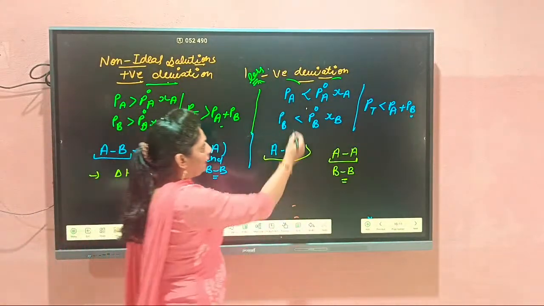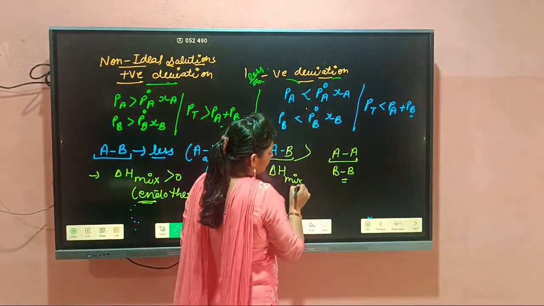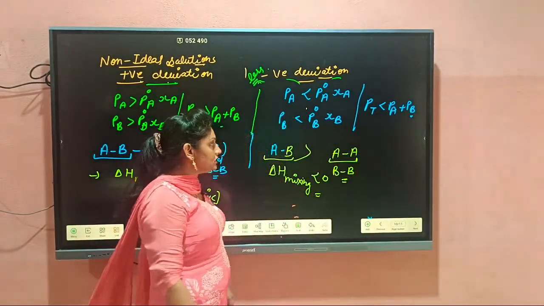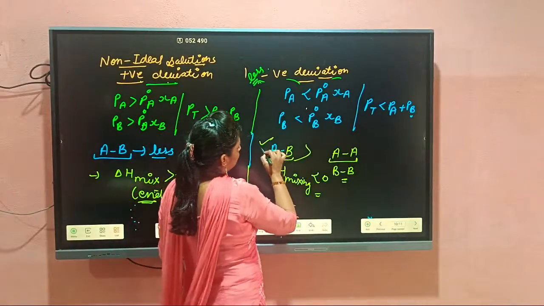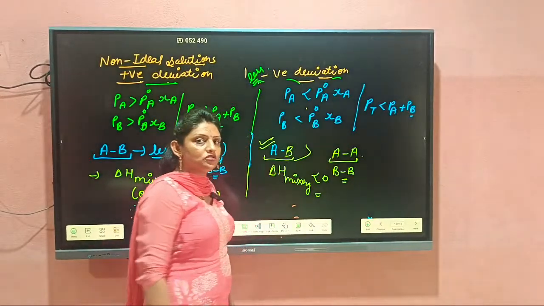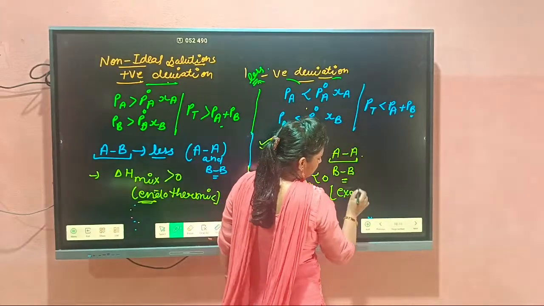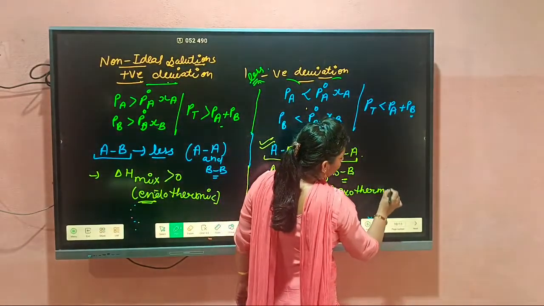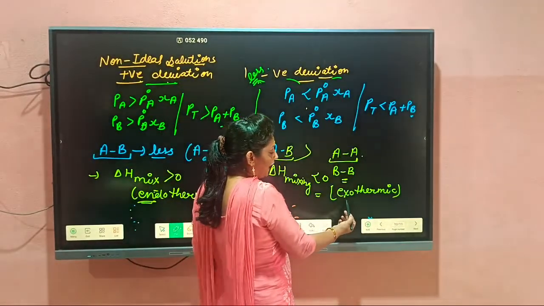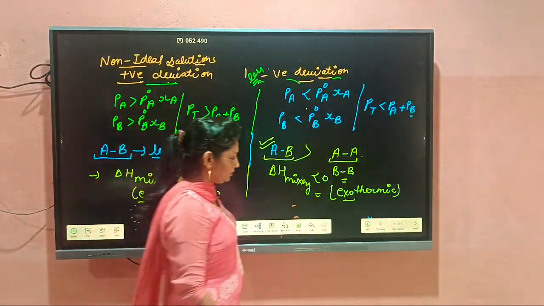But in case of the negative deviation, this change in enthalpy is less than 0, because here the interaction is more as compared to the interaction between solute and solvent particles. So it is exothermic. Here the amount of energy which is evolved is more as compared to the absorbed amount of energy.